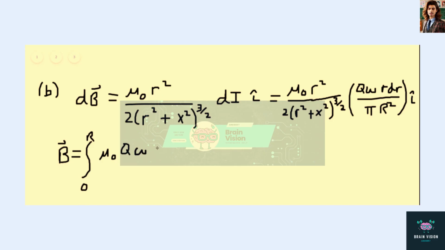And then now we have r cubed because we had an r squared times an r term. So we have r cubed divided by 2 pi big R squared times r squared plus x squared, all raised to the 3/2.